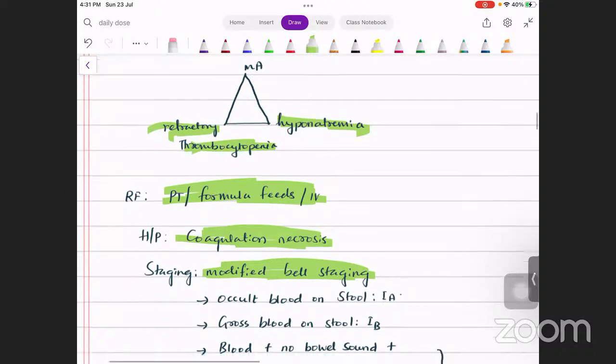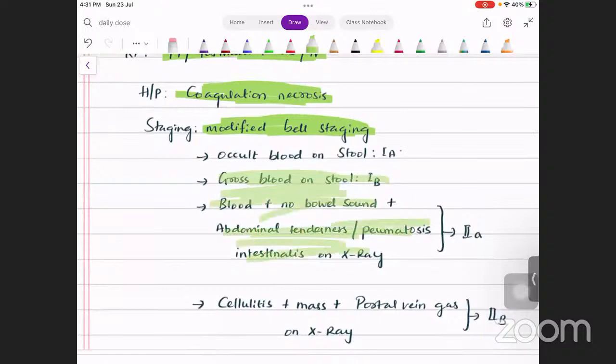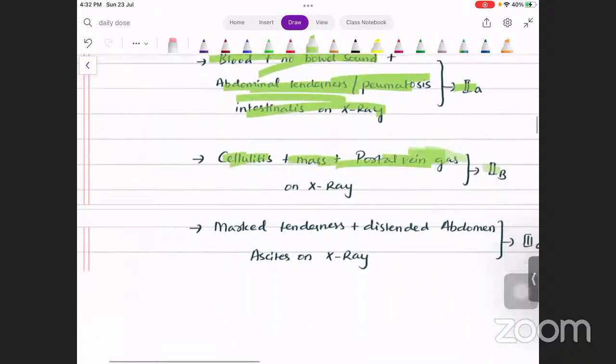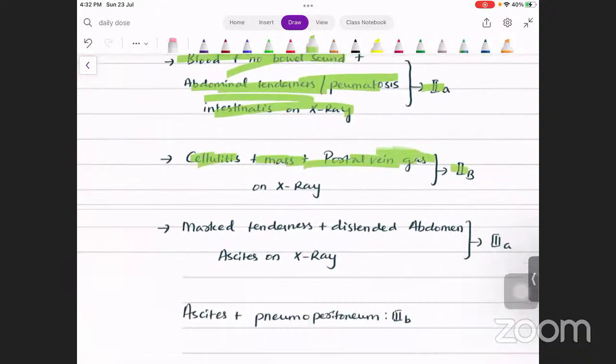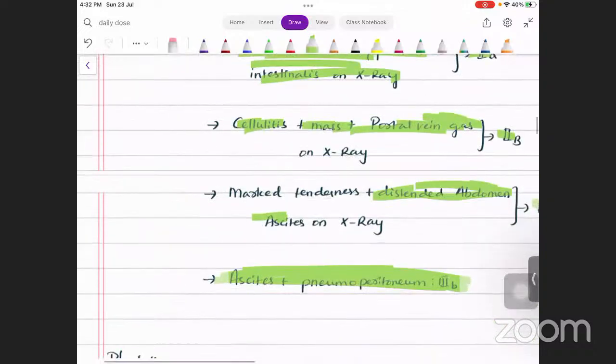Occult blood in stool is 1A, gross blood in stool 1B, blood with no bowel sounds plus abdominal tenderness or pneumatosis intestinalis on X-ray 2A, cellulitis, mass, portal vein gas on X-ray 2B. Marked tenderness plus distended abdomen, ascites 3A, ascites plus pneumoperitoneum 3B.